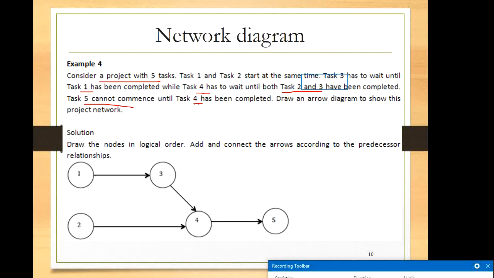So task 3 only after task 1 is completed, right? Task 2 does not have any predecessor, but for task 4 you must complete task 3 and 2 to commence task 4, right? So task 5 commences only after task 4 is completed.